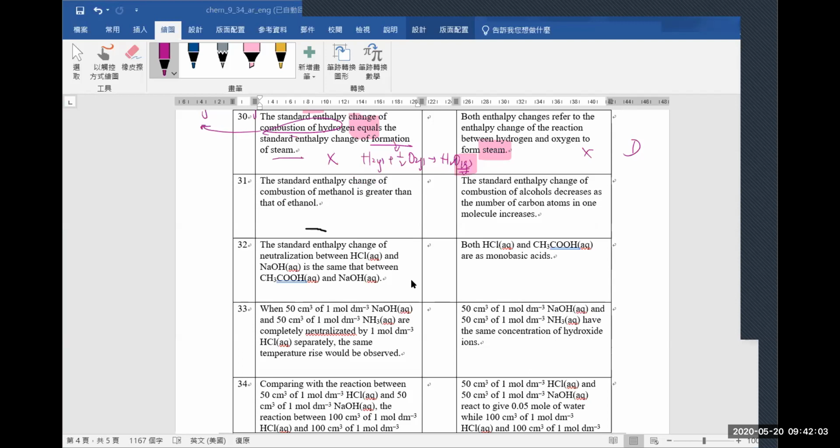The standard enthalpy change of combustion of alcohol decreases as the number of the carbon atoms in one molecule increases.